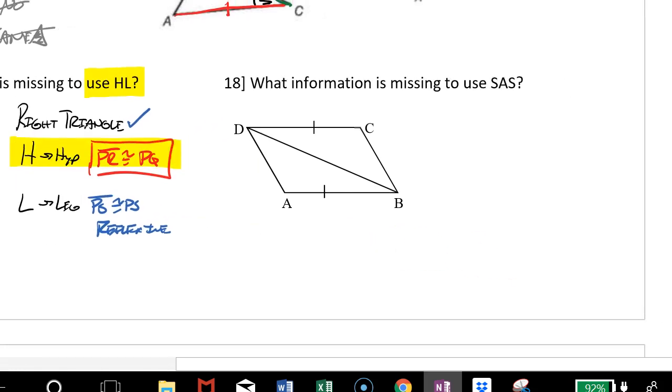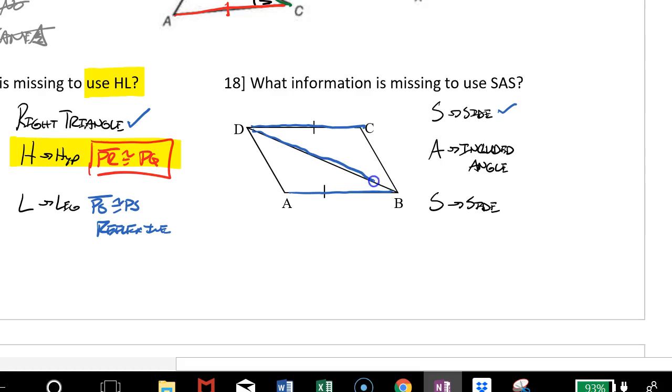Next question, what information is missing for side angle side? Let's take a look. For side angle side, I need a side, which we technically have listed here. And we actually also have this side in the middle, congruent to itself. So we have that DB is congruent to DB by the reflexive property.